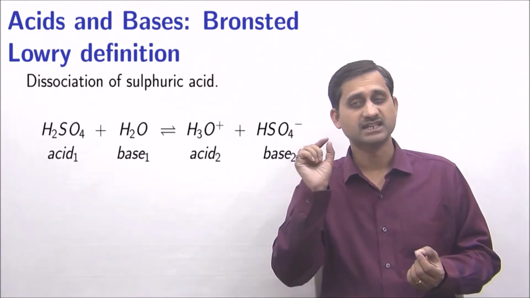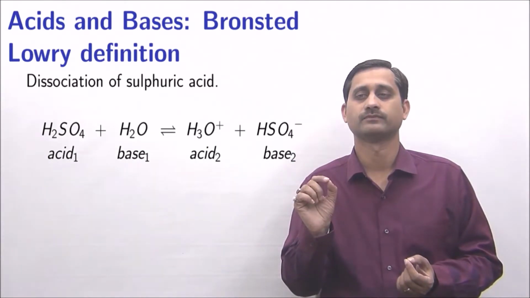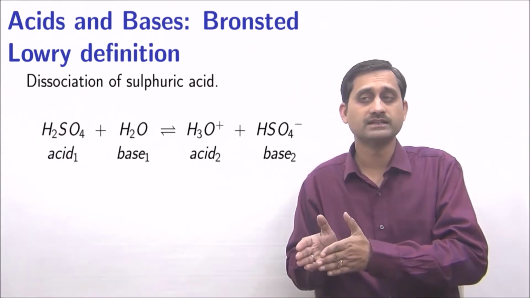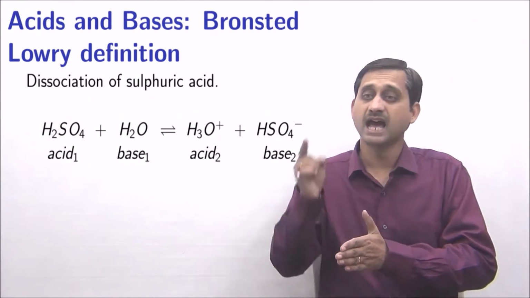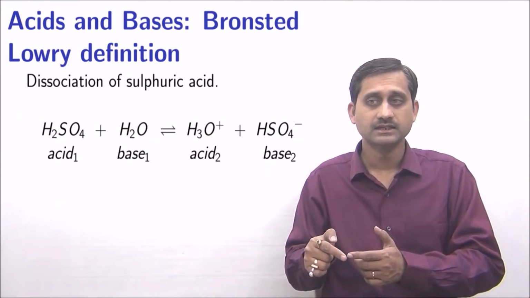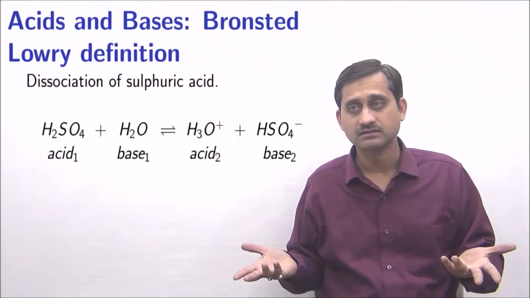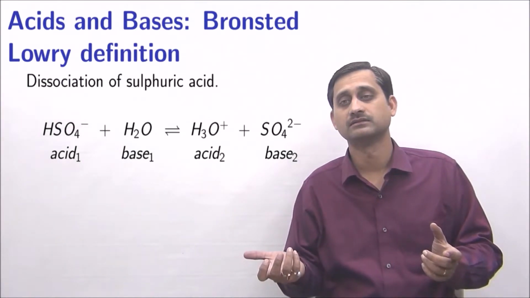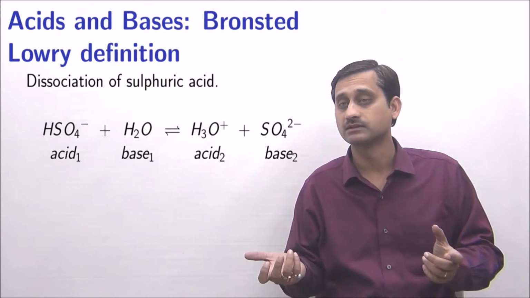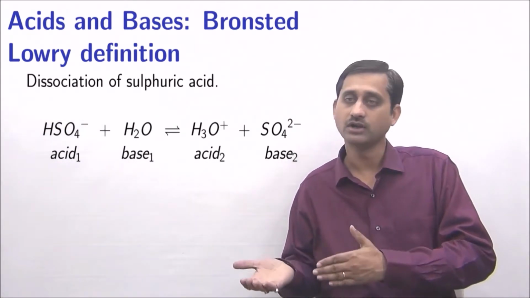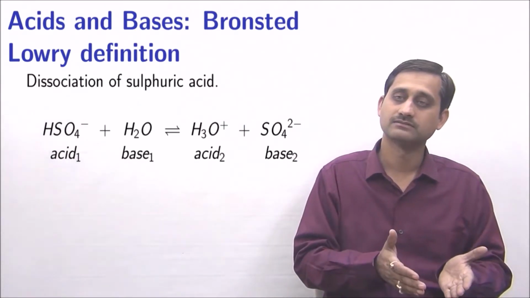But there is a slight complication. HSO4 minus is the base on the right side, but it still has a proton, which it can release and behave as an acid, giving sulfate ion, SO4 2 minus, which would be the base for HSO4 minus.